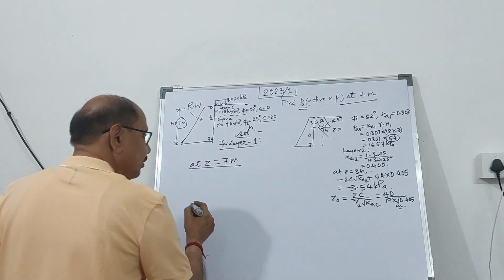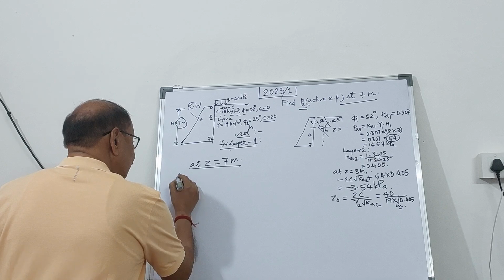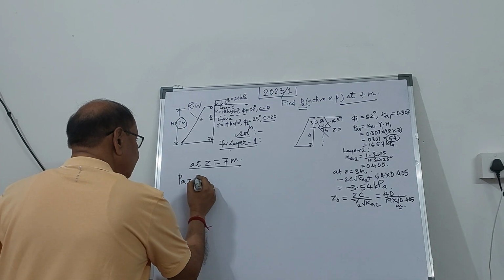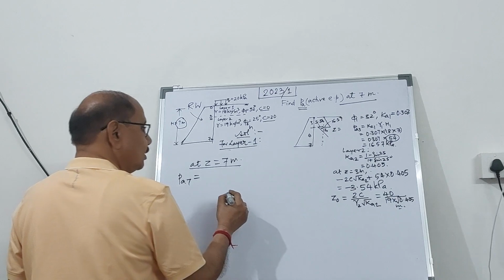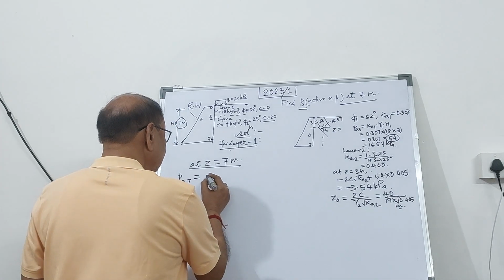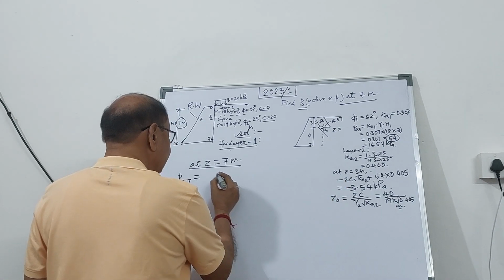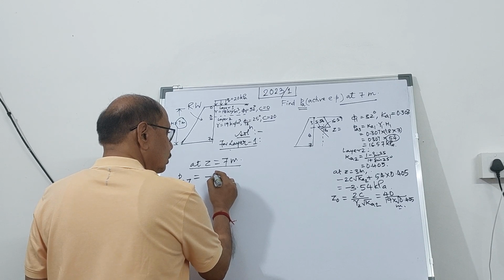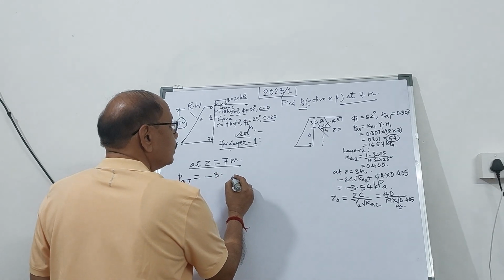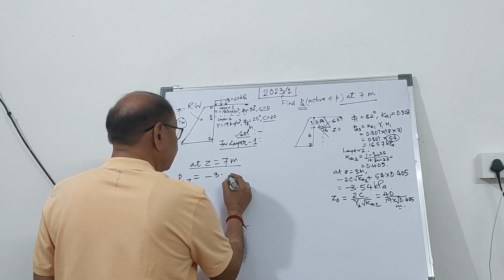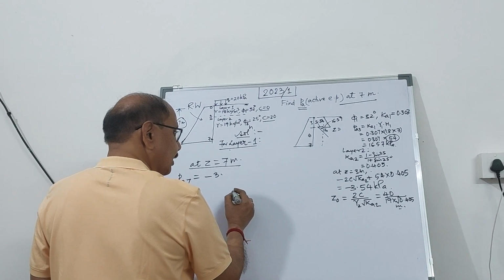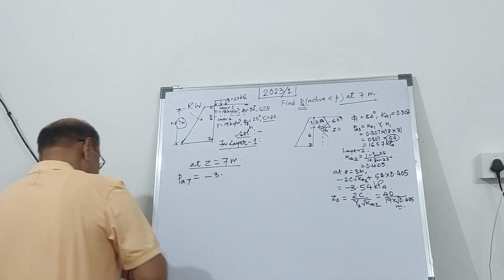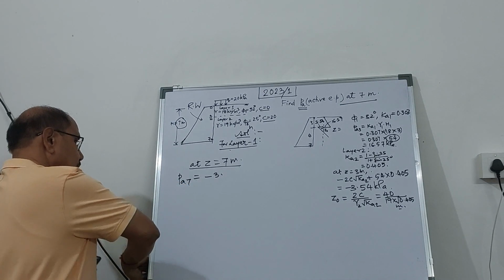So PA7 will be equal to minus this value 3.5, that is, we can take minus 2c. Let's take it like this.